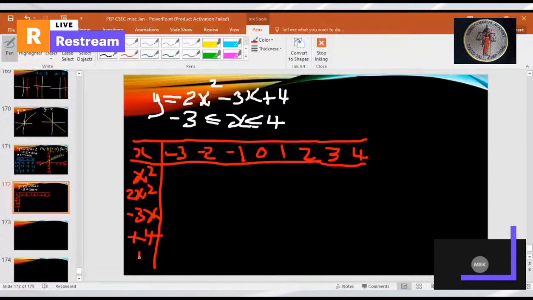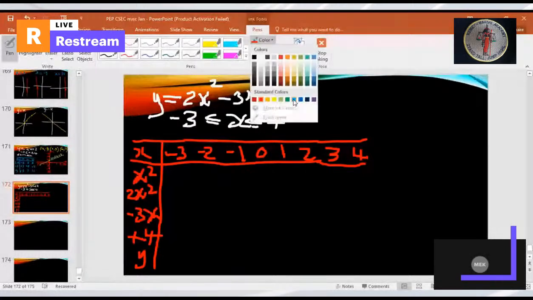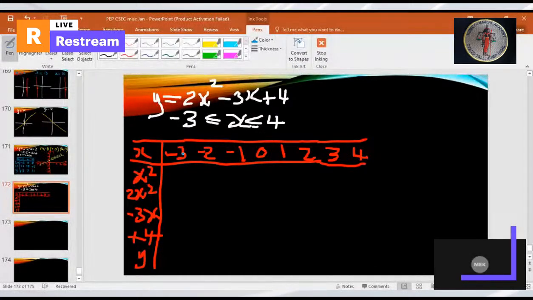So we have to do that one step at a time. So let's square our x's first. When you square a negative number, the answer is positive.